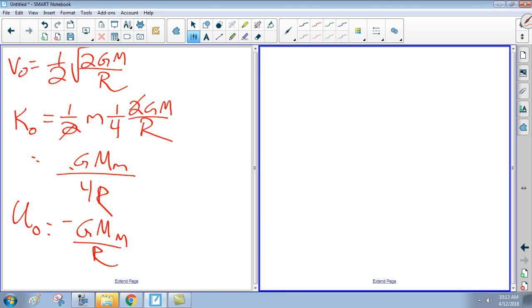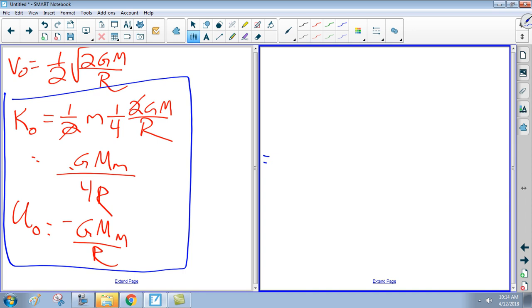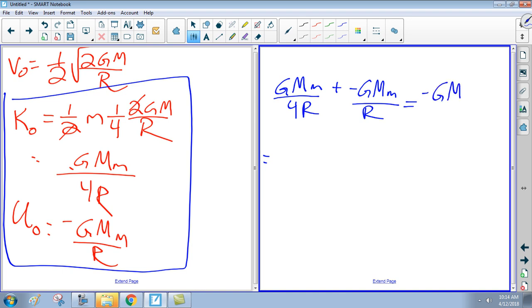So I need to solve an equation that says my total energy at launch is equal to the total energy at its highest point. So basically, GMm over 4R, plus negative GMm over R, has got to equal my potential energy at that highest point. That is going to be negative GMm over x, or d, or whatever you want to call the thing that we're looking for.